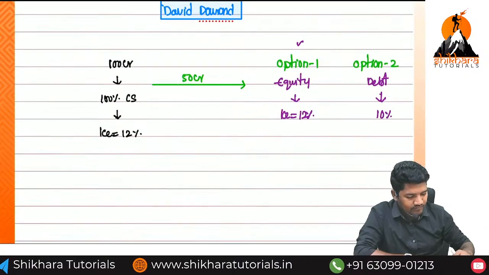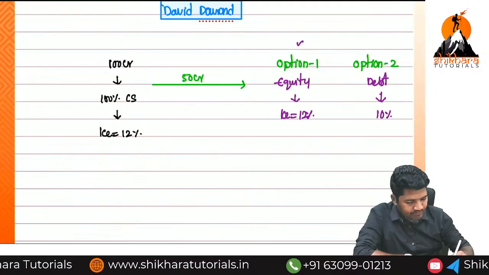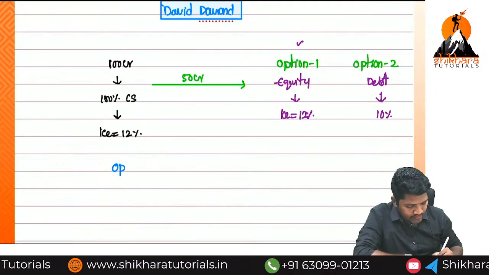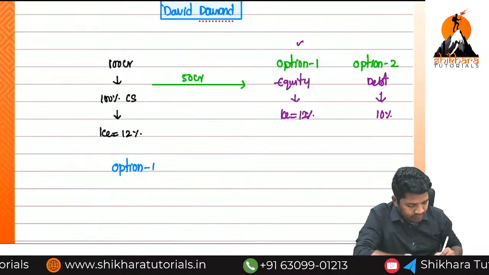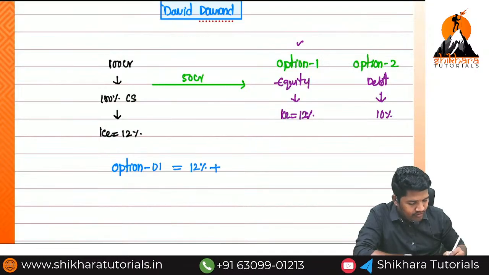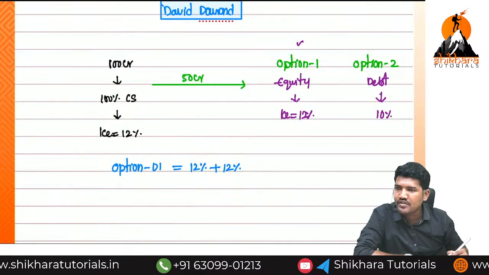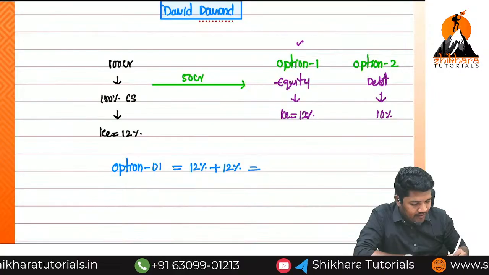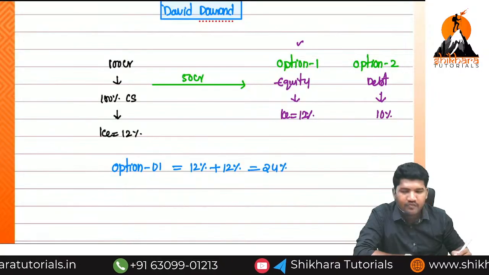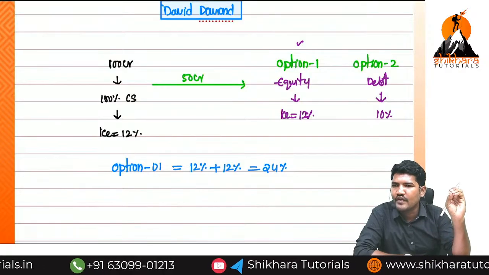Now see, if I choose option 1, 12% for the existing shareholder, 12% for the new shareholder. Yes or no, sir? Totally how much do I need to pay? 24%. Forget about the weights, just understand the numericals. 24%.